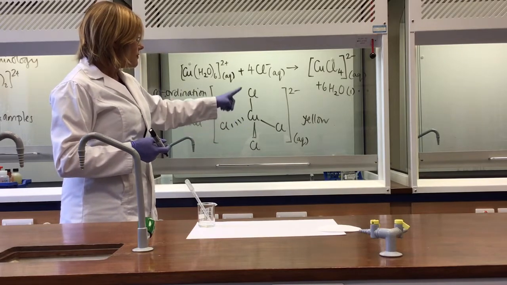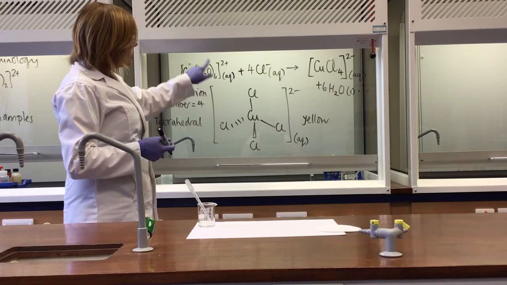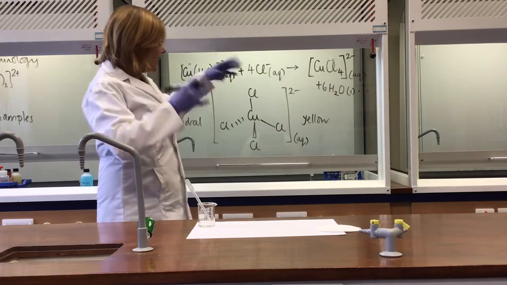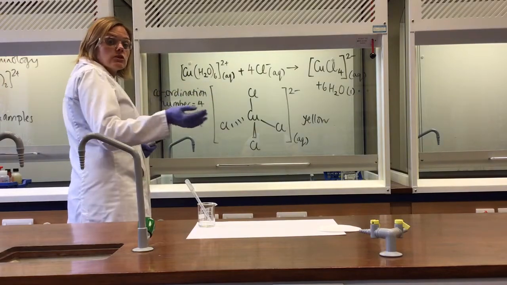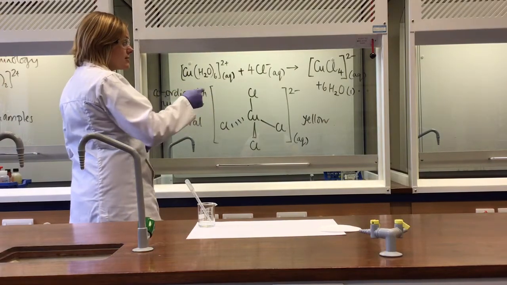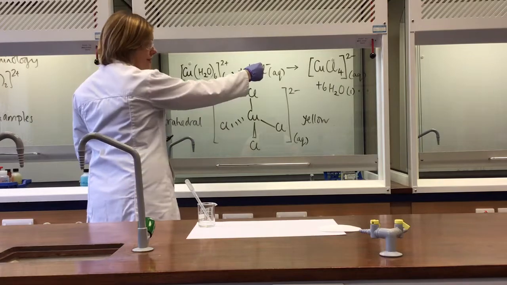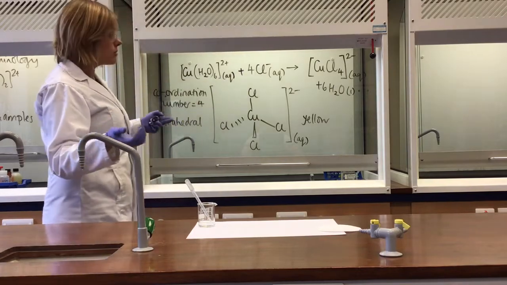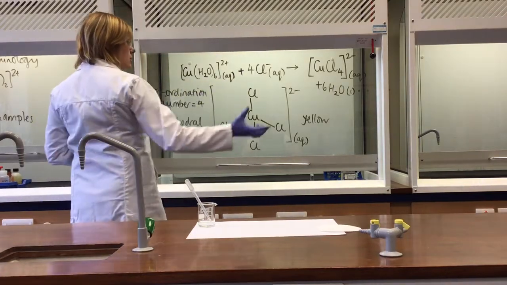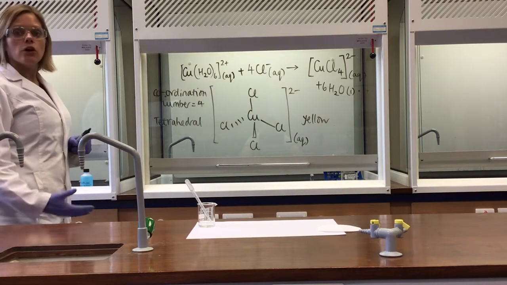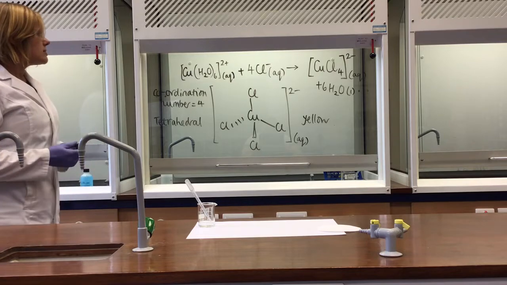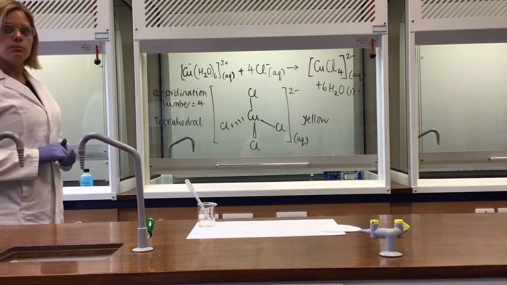So this time we've swapped smaller uncharged ligands for big charged chlorides, and when that happens, we can get a change in coordination number. In this case, the bigger ion and the fact that they're all negatively charged and repel each other helps to make sure that this complex ends up as tetrahedral in shape instead of octahedral like the [Cu(H2O)6]2+ ion.